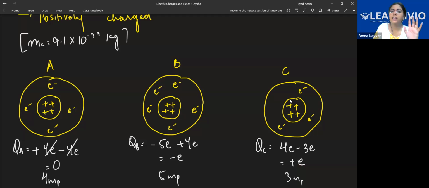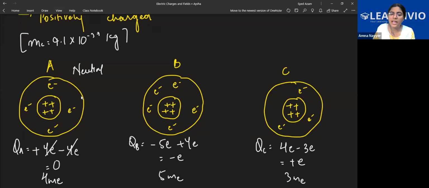Now look at the conclusion. This had 4 electrons and 4 protons, so this body was neutral. Mathematically also we can see the body is neutral, and these were the masses of electrons. I have written m_e, the mass of electron, because we are right now considering electrons only, because protons are not transferring.